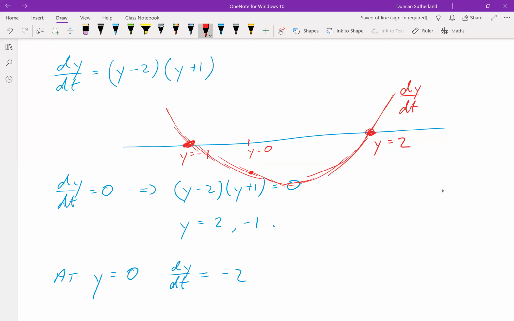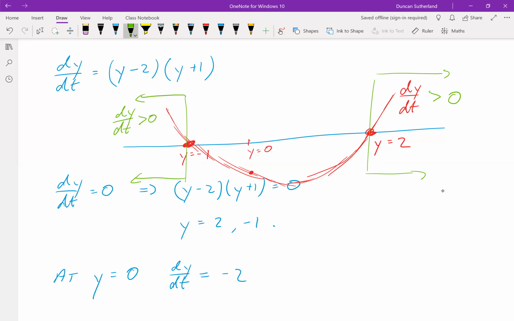And now we can draw in our arrows. So in this region here, dy/dt is positive. In this region here, dy/dt is also positive.